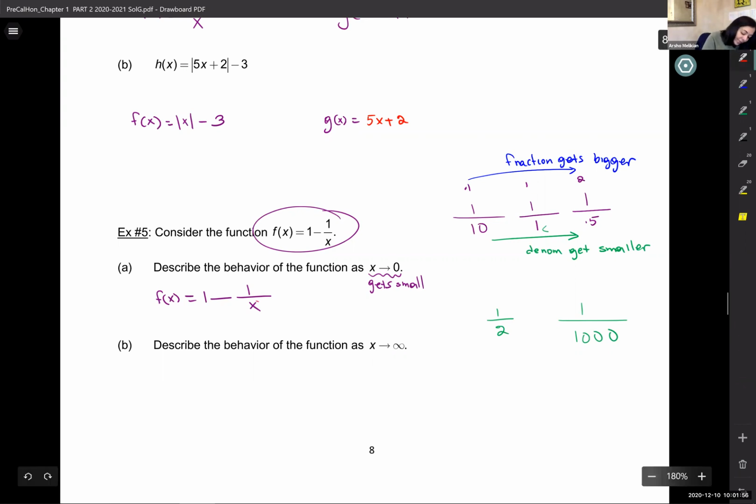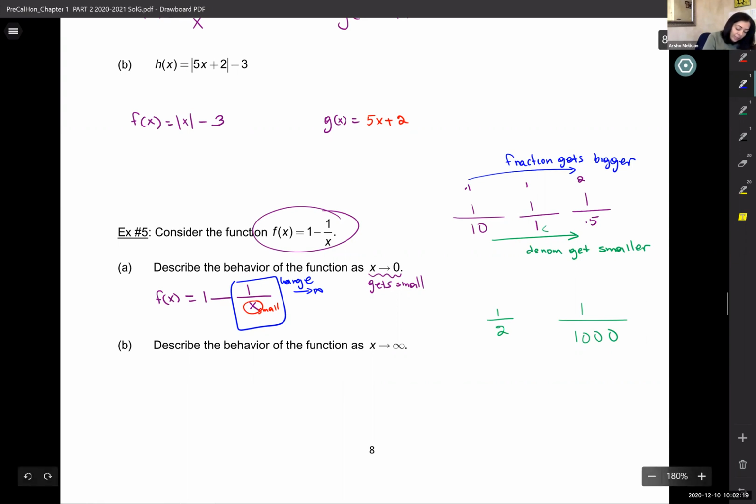So as this gets very, very small, what happens to the entire fraction? It gets very, very large. It almost approaches infinity, right?